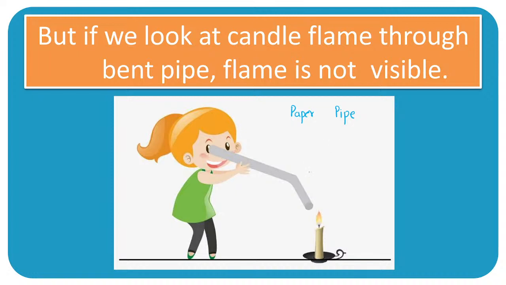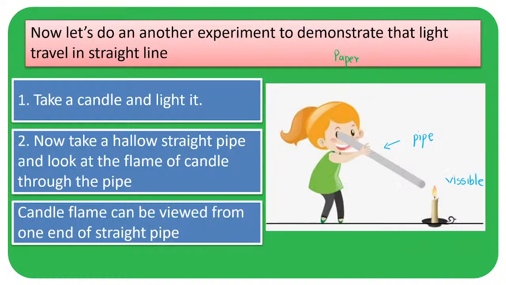When you bend it, the object is not visible. What do we conclude from this small demonstration? When you bend the pipe, things are not visible. When it was a straight pipe, the things were visible. You can also do the activity with a candle flame once you finish the class. The candle flame is visible.